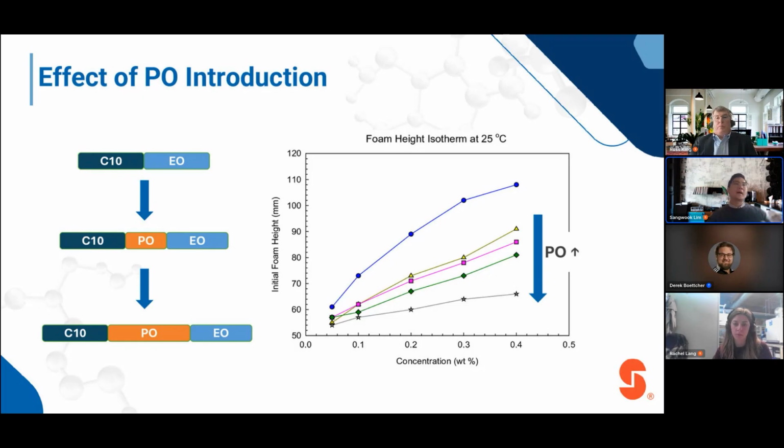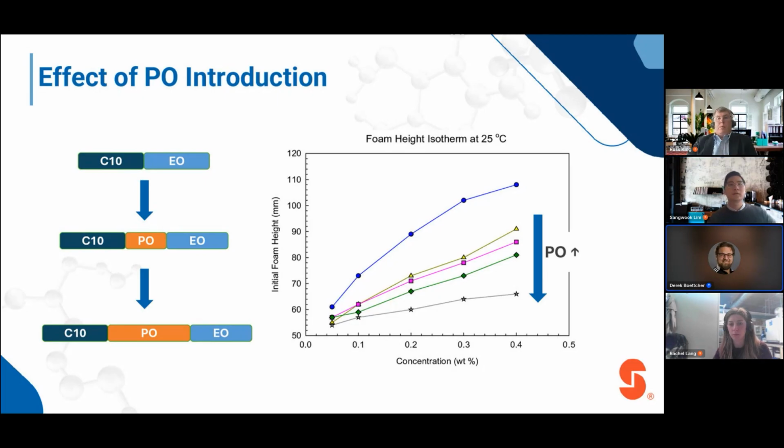So I'm not saying the low foam surfactant is better than a regular surfactant, but it depends on what application you're facing and what the key deliverable you want to get. In the situation I just mentioned, you get the benefit of the low foam surfactant, because you can increase your usage level without the consequence of high foaming.